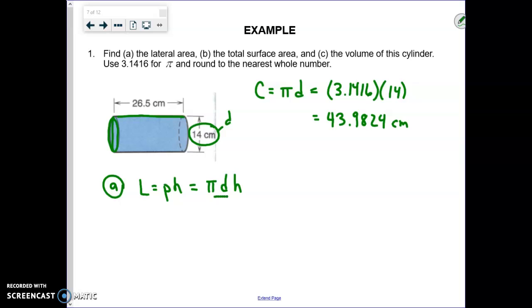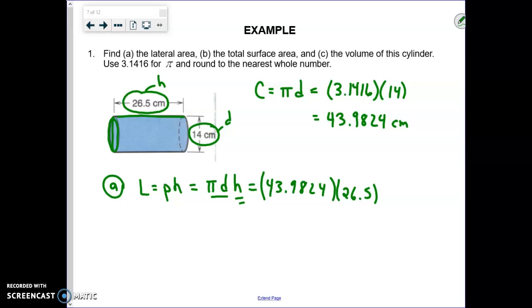Then that's what this value is right here. So all we're going to do is then we need to figure out what the height is. Well, the height is the distance between two bases. That is your height. So we're going to take the perimeter of the base, pi times diameter, which we already found, which was 43.9824, and we're going to multiply that by the height of 26.5.